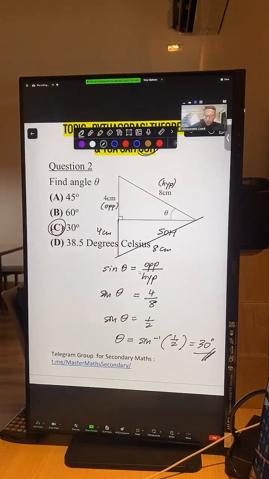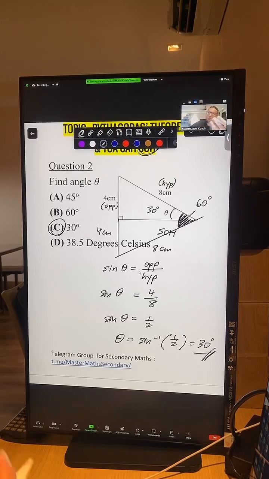So on top 8 cm, below also 8 cm. Because it's an equilateral triangle, this will be 60 degrees, right? For an equilateral triangle, all the angles inside are the same, 60, 60, 60. So if the whole thing is 60, one will be 30.